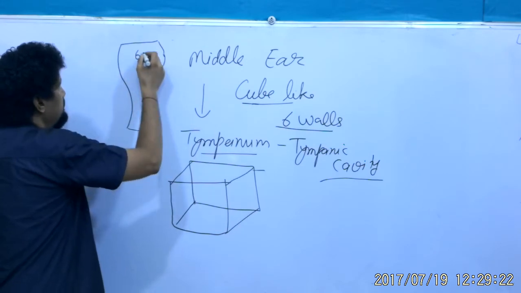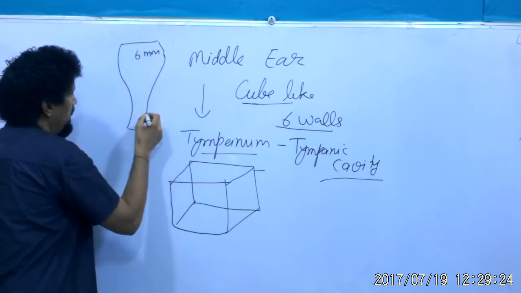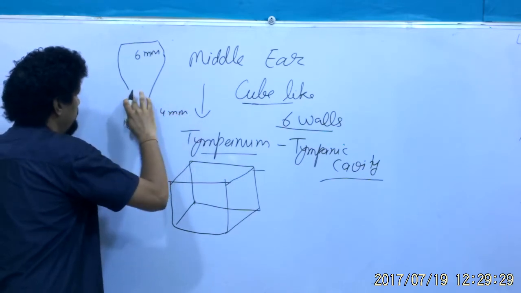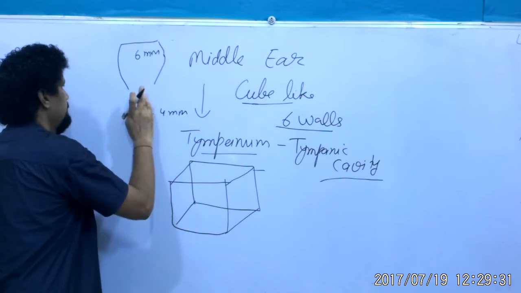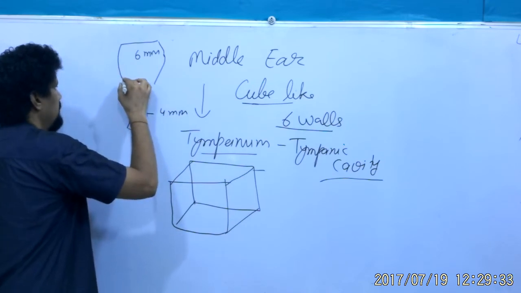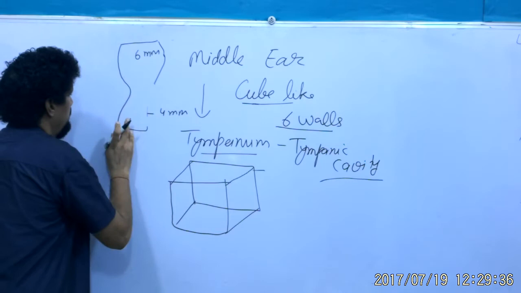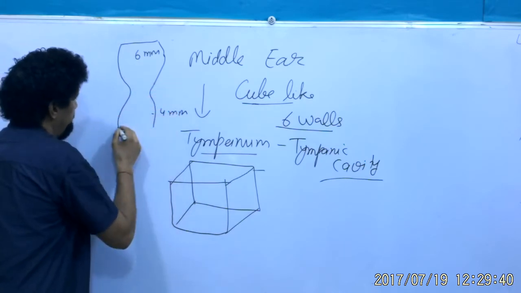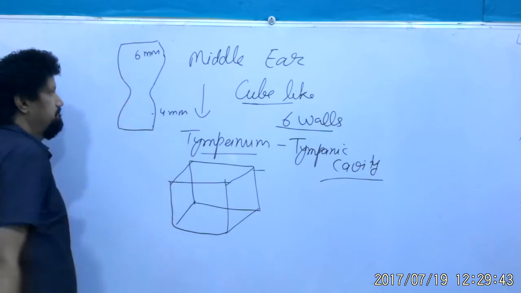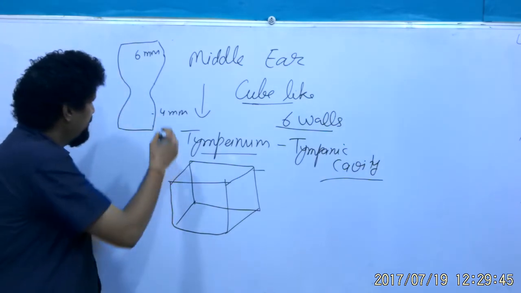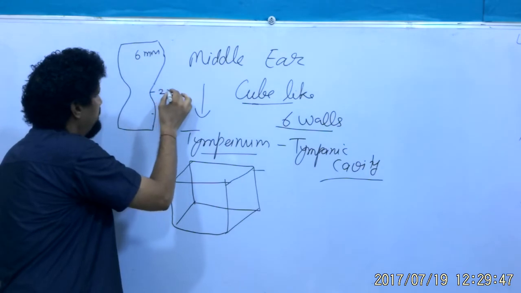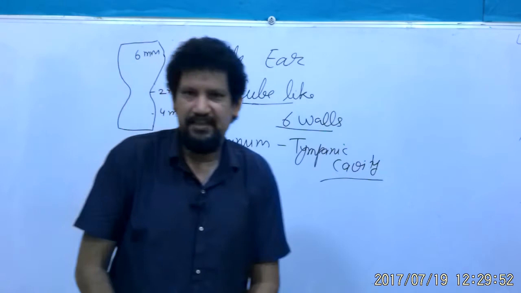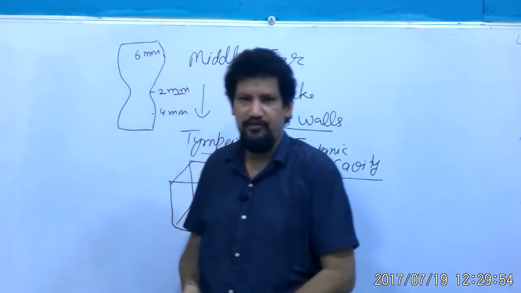The breadth is 6 millimeter and lowermost part is having 4 millimeter. So it looks like this. And the middle part is only 2 millimeter. So simply it looks like a figure of a beautiful girl.